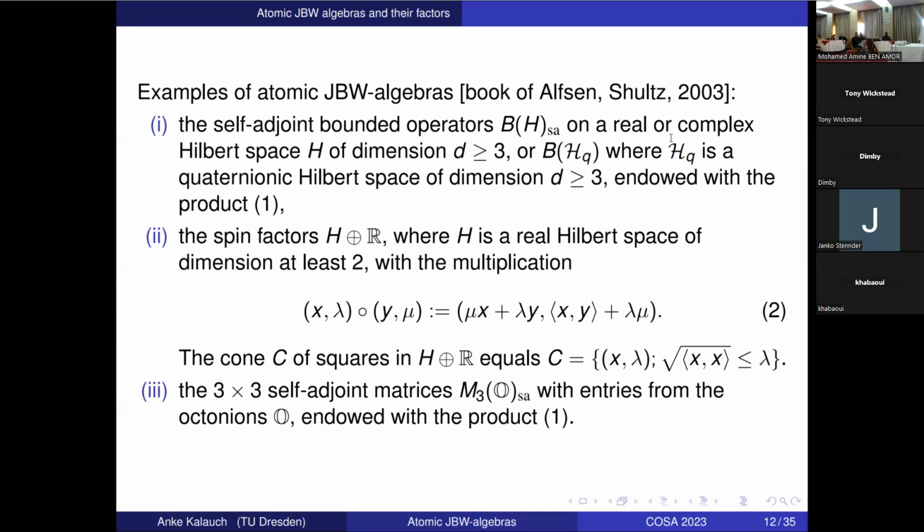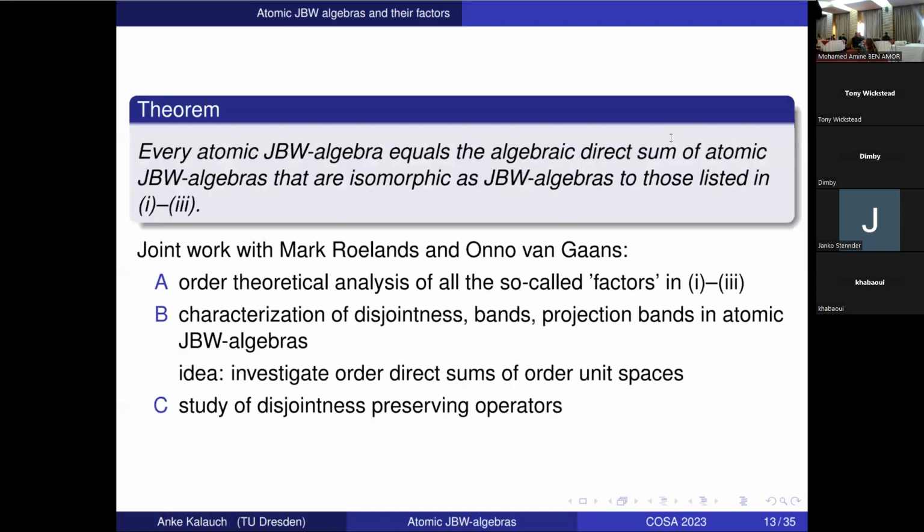So all these are atomic JBW algebras, but the world is even nicer. This is more or less all you can get, and algebraic direct sums of these. This is a classical theorem: every atomic JBW algebra equals the algebraic direct sum of these three types of atomic JBW algebras.